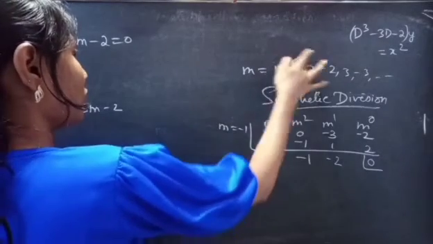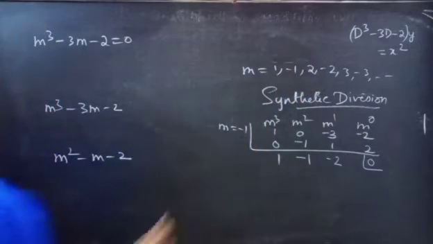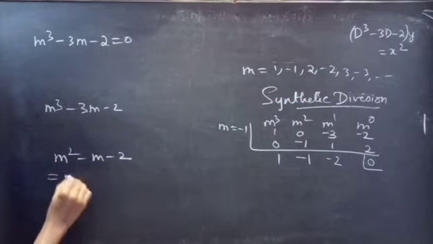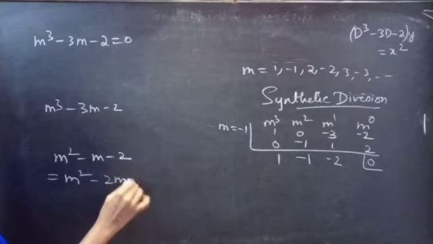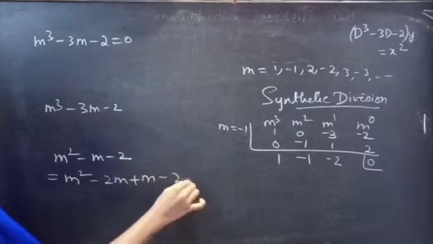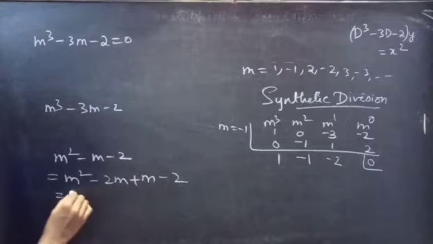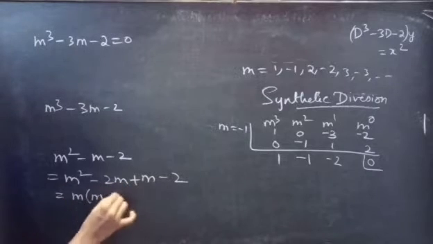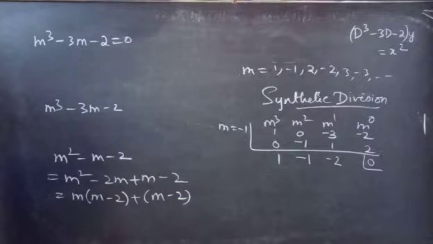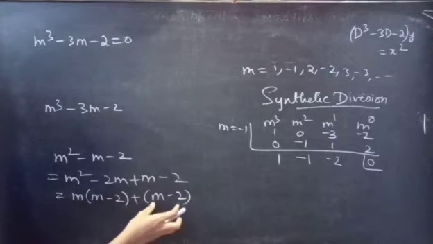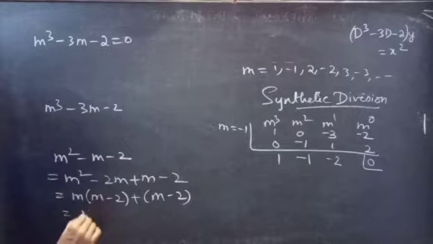So here you can factorize it. Just write minus m as minus 2m plus m, minus 2. Now take m common from the first two terms, you'll get m times m minus 2. And the last two terms remain the same. Here m minus 2 is common in both the terms, so let's take m minus 2 common.